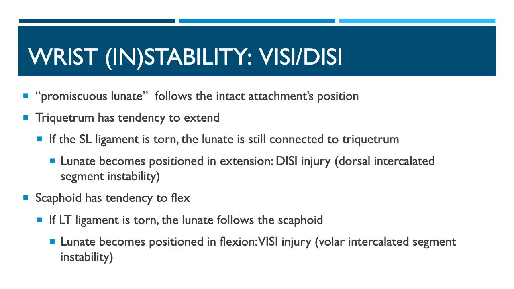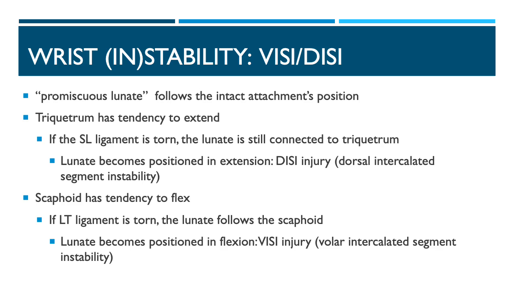So here's where we talk about why those ligaments are so important. Hopefully this isn't too graphic for anyone. I don't think so. But when I was learning this from my mentor, who is a PT, CHT, and she is amazing, she described the lunate as promiscuous. So the lunate just follows whoever is still around.